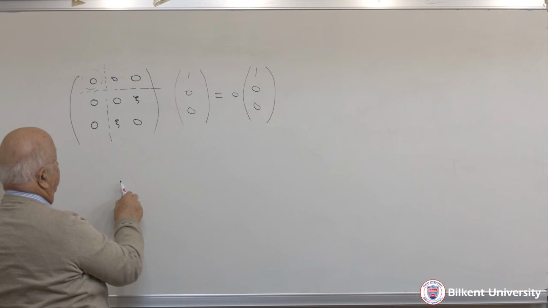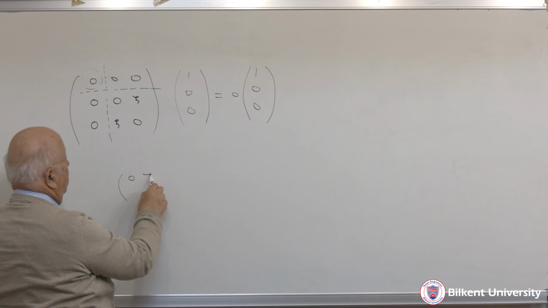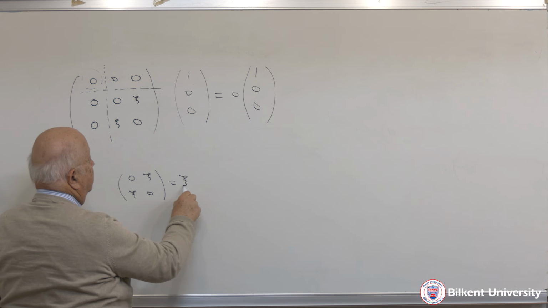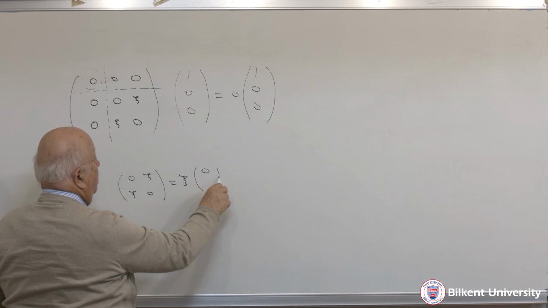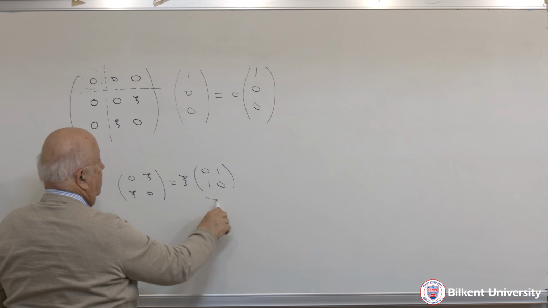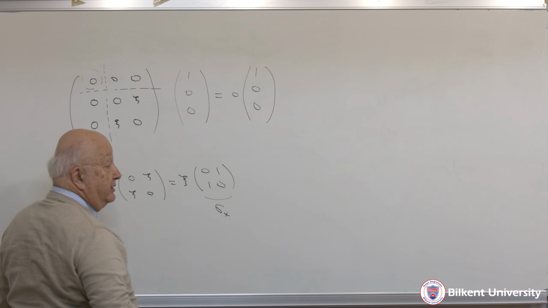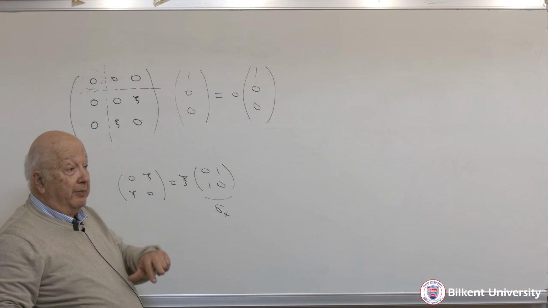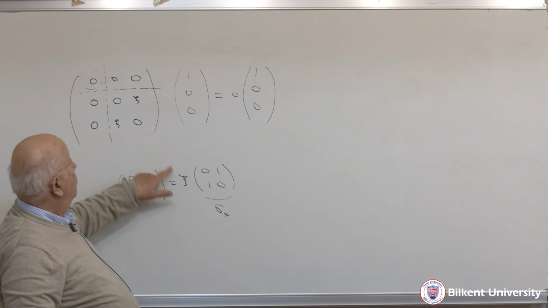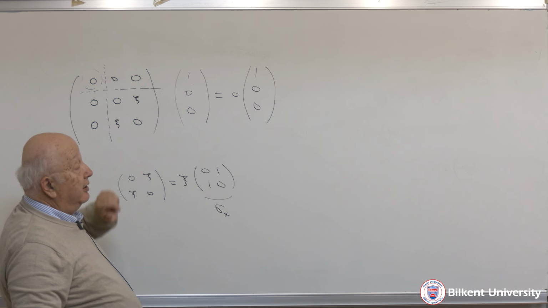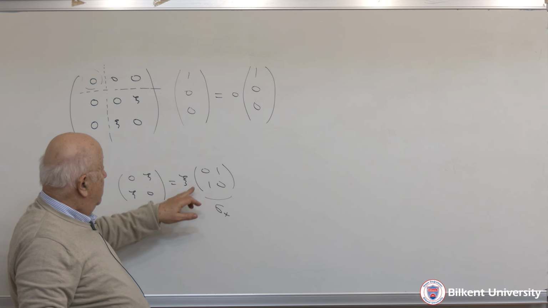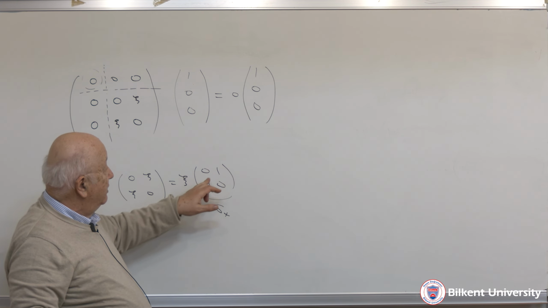So this thing here, 0, C, C, 0, is just C times 0, 1, 1, 0, which, remember, was sigma x. So I know that it has eigenvalues plus 1 and minus 1. So the whole thing is going to have eigenvalues plus C or minus C, right? And I know what the eigenvectors are.